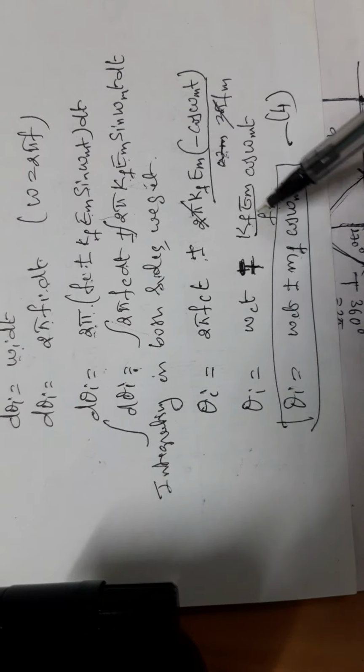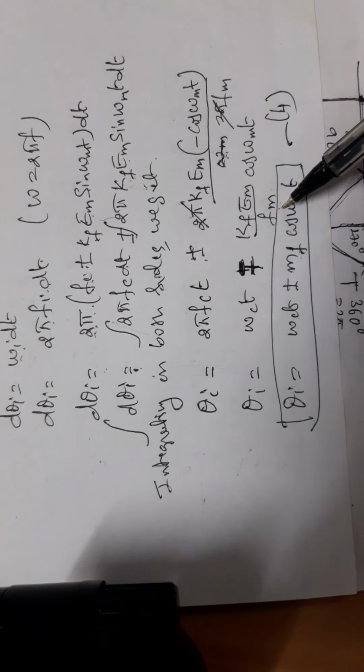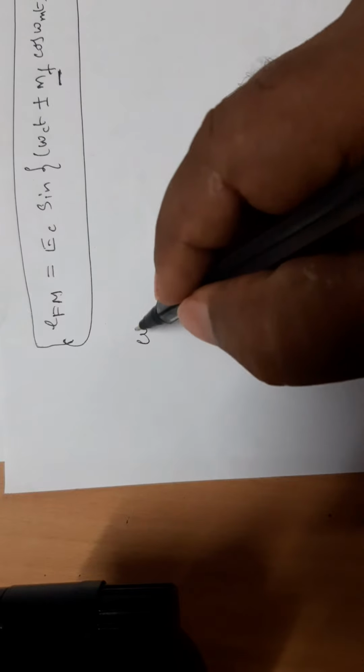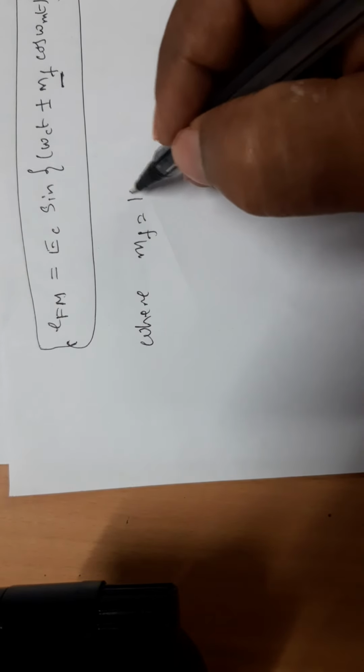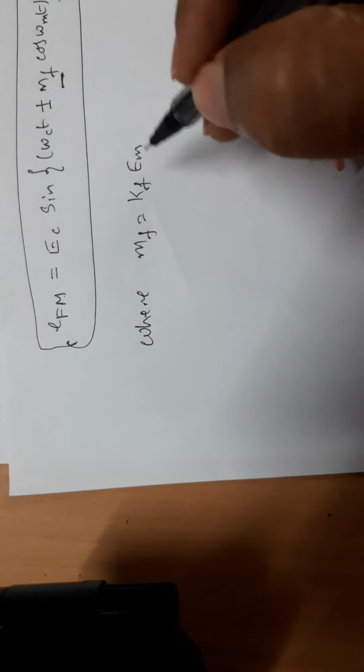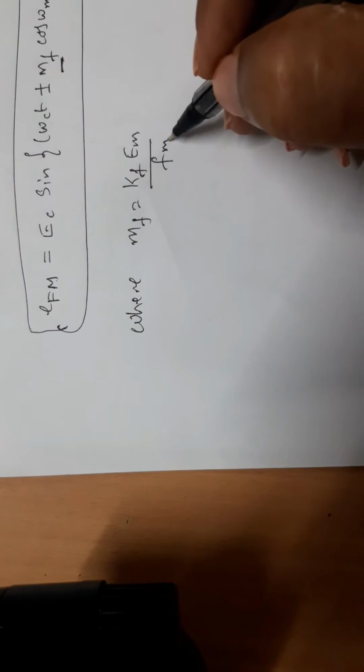Therefore, MF is equal to KF EM by FM. Where MF is equal to KF EM by FM.